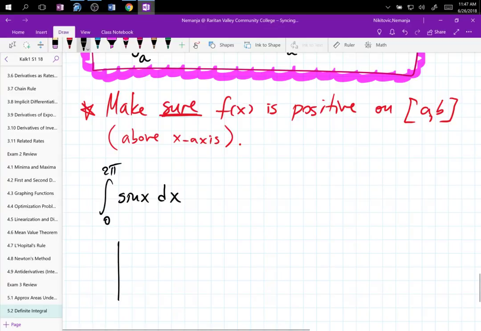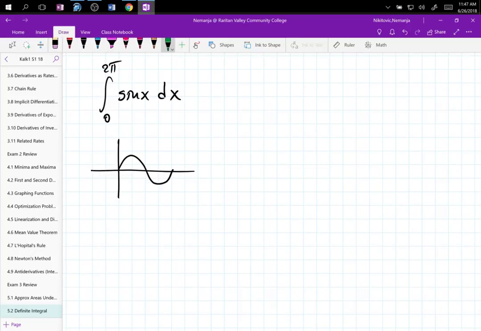Would you agree that if I am to graph sine x from 0 to 2 pi, there is area that you can color? Is everyone okay with that? I can pick, let's say, green, and I can color the area under the curve. So area exists, right? We all see that. Bueno?